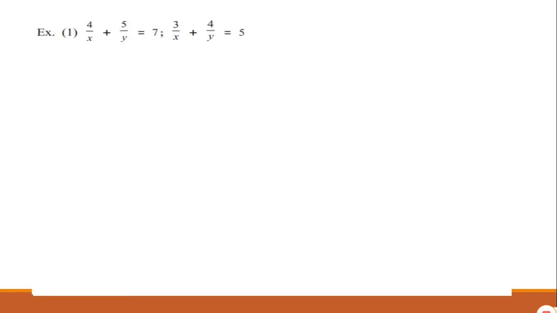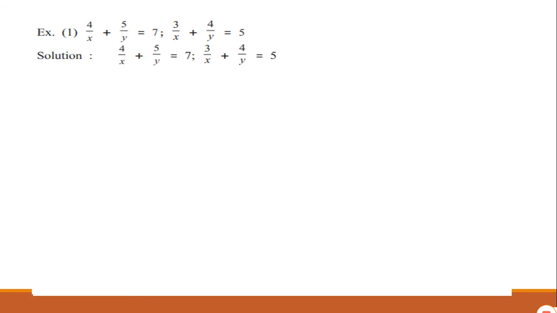Now, let us learn how to create new variables to convert such type of equations into linear equations and to solve them. So, this is the example. Here 4 upon x plus 5 upon y equal to 7 is the first equation and 3 upon x plus 4 upon y equal to 5 is the second equation.